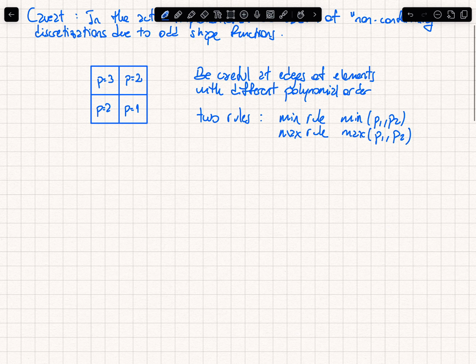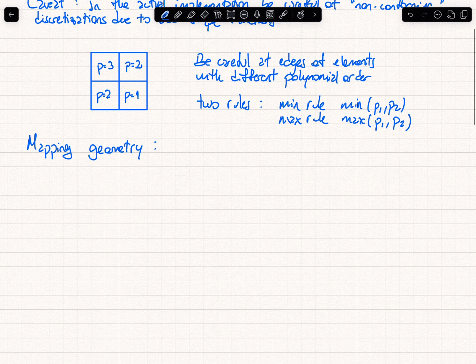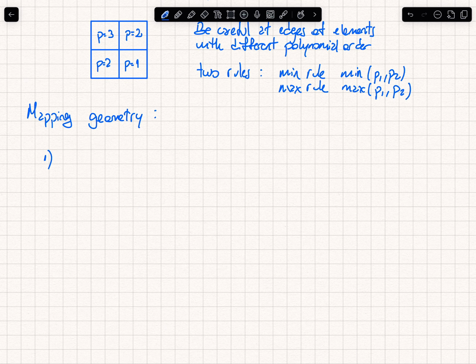But then we have to talk a little bit about what happens with the geometry. And as we said, well, mostly we're going to keep our geometry linear, where x is going to be simply just taking my, again, I'm looking at the bilinear element here, not the triangle, right?